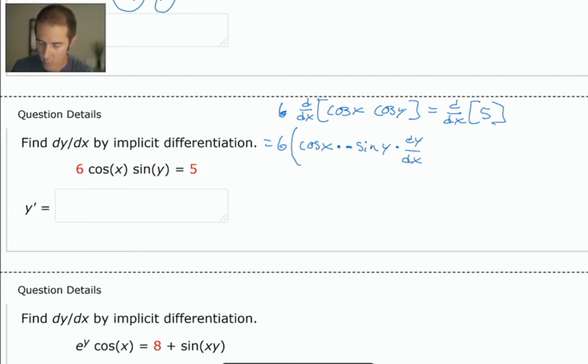And there it is, dy dx. Plus, I'll take the derivative of the first factor, the cosine of x, which is negative sine x, times that second factor, cosine y.